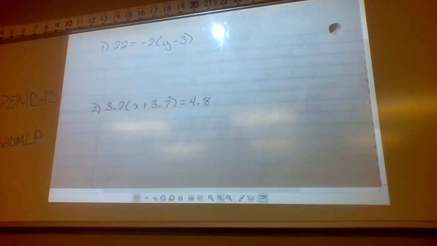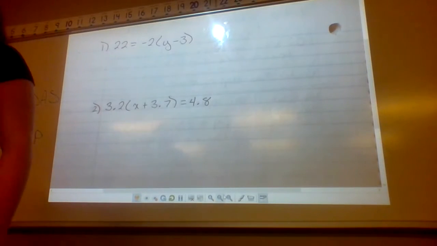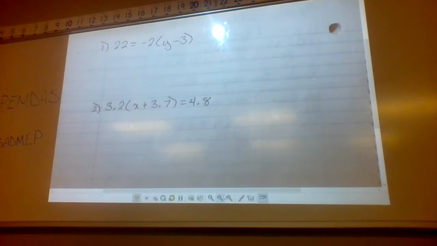Yep, you have to do the checks. I have an issue with you right now. Calculator saver. Already?